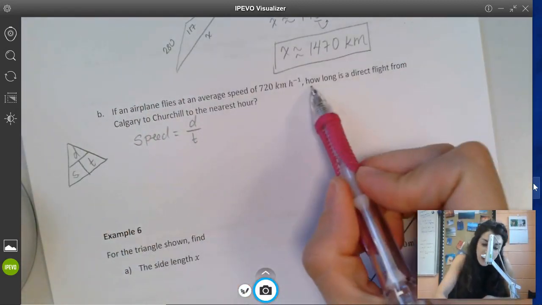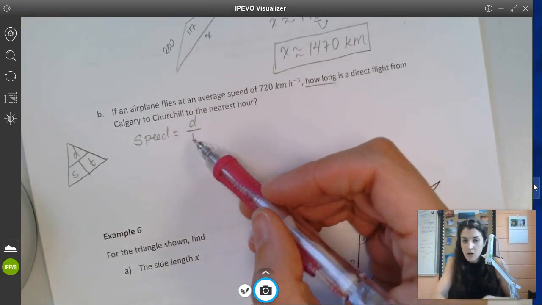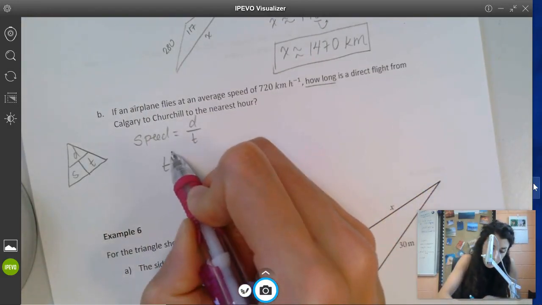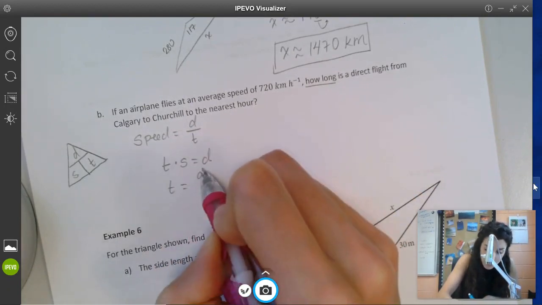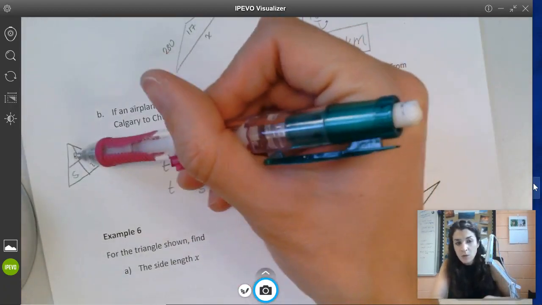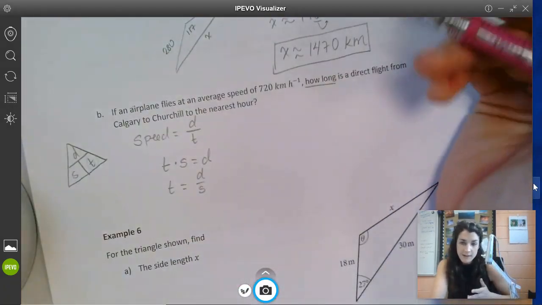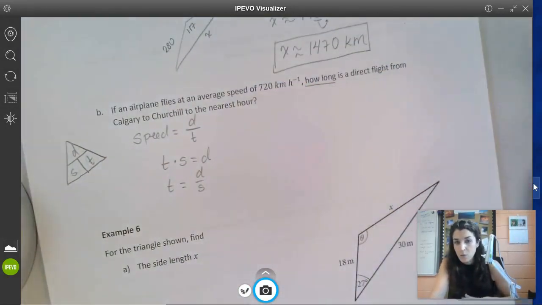So then if I wanted to find out time, I would just need to isolate for time. And I know, okay, well then time would go over here, multiplied by speed equals distance. Okay, so time is equal to distance over speed, which you can see in this triangle. Time would be distance over speed. And that's why that triangle is helpful, but this is how my brain works with it.